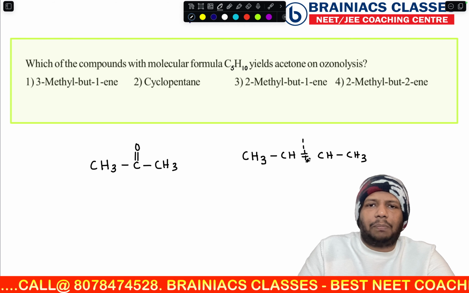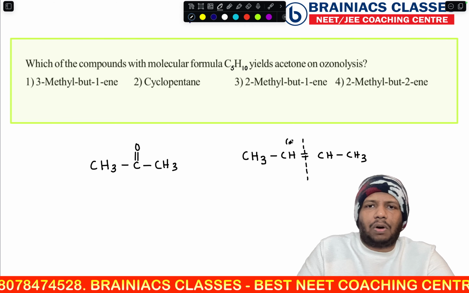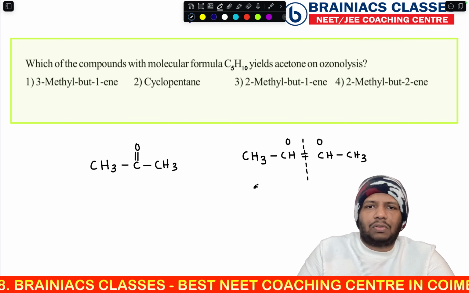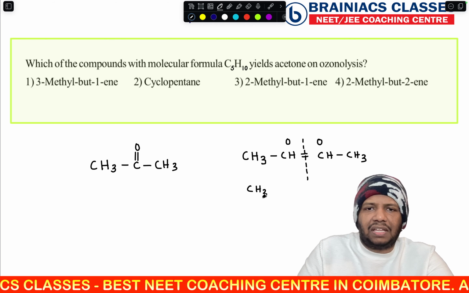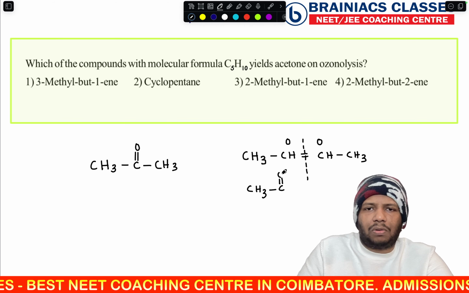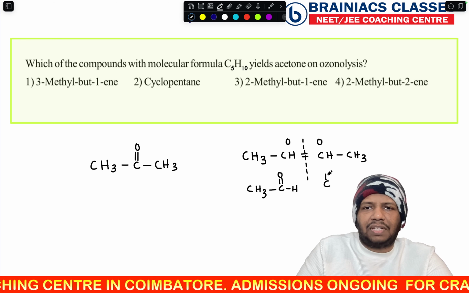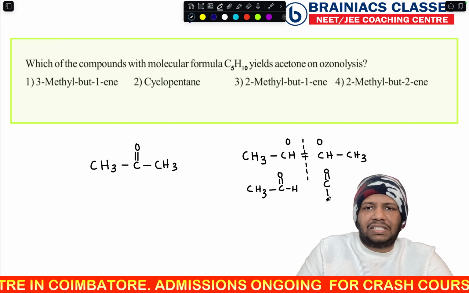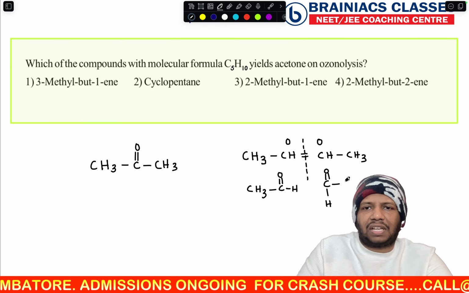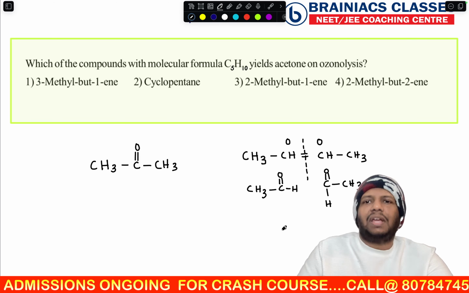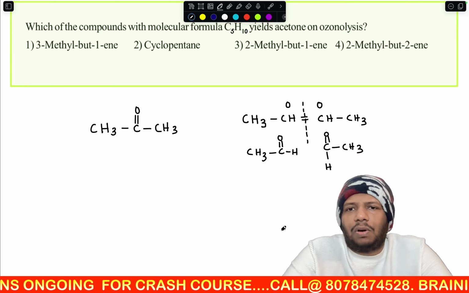Split the double bond completely and put oxygen on both sides. So you will get the product CH3 C double bond O H, and likewise C double bond O H with CH3. This is how fundamentally ozonolysis is done.